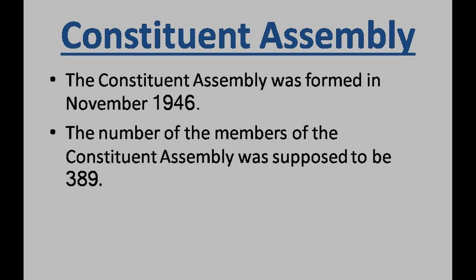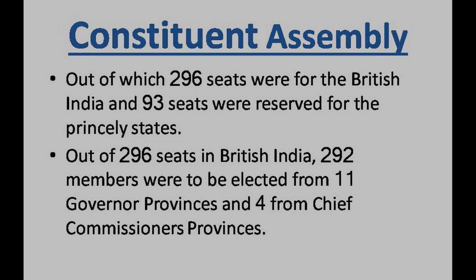The number of the members of the Constituent Assembly was supposed to be 389, out of which 296 seats were for British India and 93 seats were reserved for the princely states. Out of 296 seats in British India, 292 members were to be elected from 11 governor provinces and 4 from chief commissioners provinces.